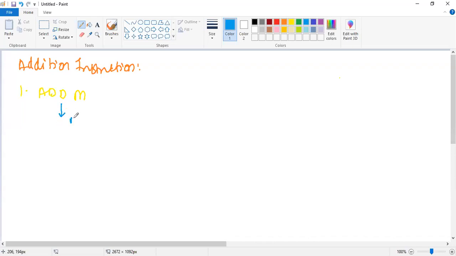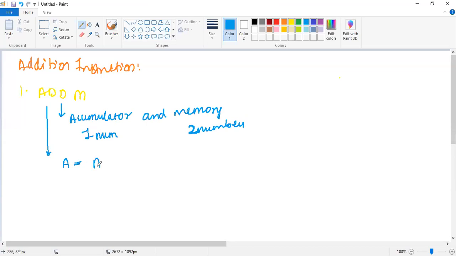One number must be in your accumulator, and the second number must be in memory. ADD M means A equals A plus M. One number has been stored in the accumulator and your second number has been stored in memory. If you add them up, your result will again be stored in the accumulator. ADD M means A equals A plus M.